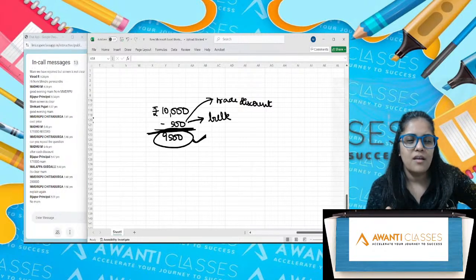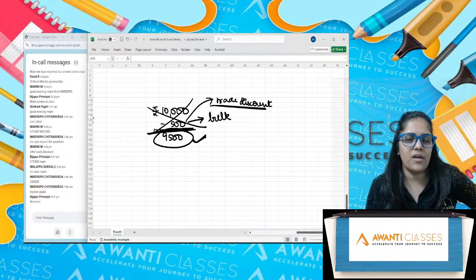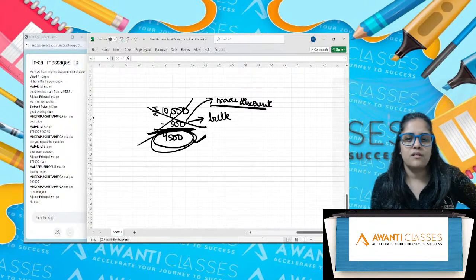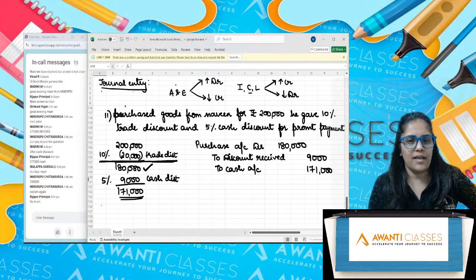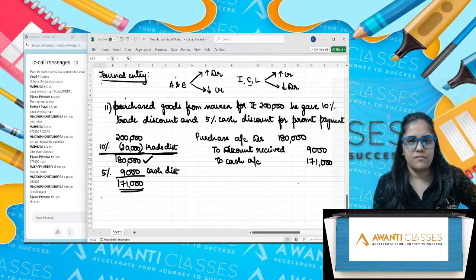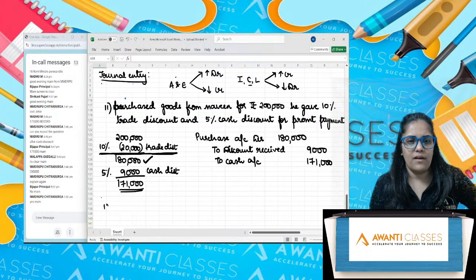Guys, did you understand that this is a trade discount? Trade discount should never appear in the books. So you will record your purchases at 9,500 only. Okay? Same logic here also. Okay, fine.